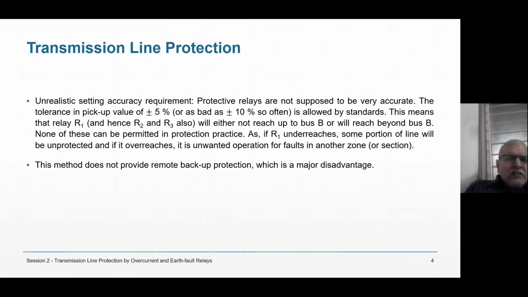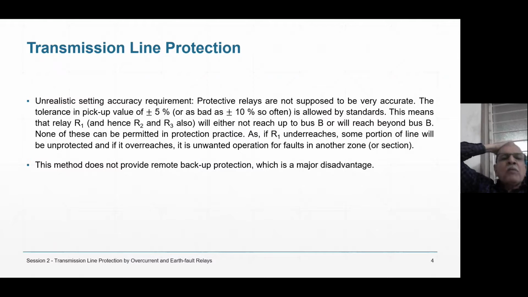But you see, friends, this so simple looking protection is suffering from many disadvantages. And we are going to conclude that, therefore, instantaneous overcurrent relays alone cannot be used for transmission line protection. You can use them as an assisting, auxiliary feature.